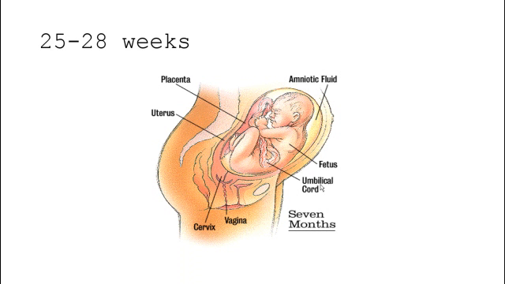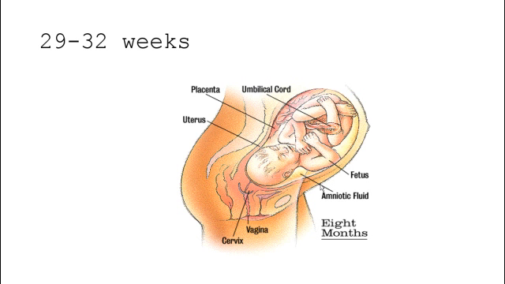The eyes do open and close at this point, and in boys the scrotum is developed and the testes are starting to descend from the abdominal area where they were developing down into the scrotum. As we move to 29 to 32 weeks, we know that some of the special senses are developing, such as taste, for example.